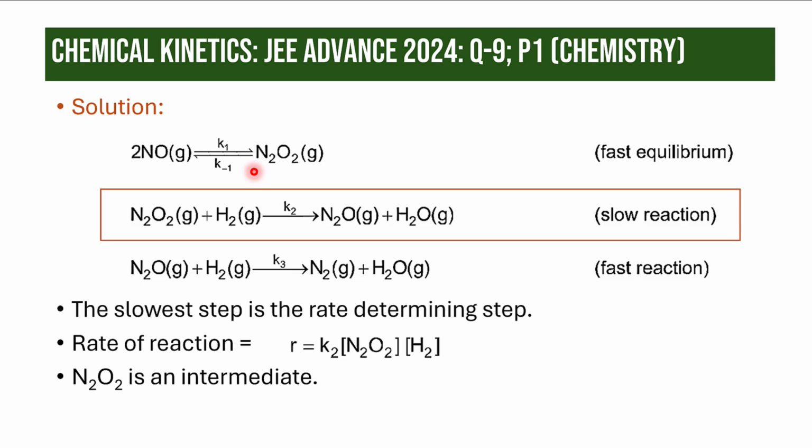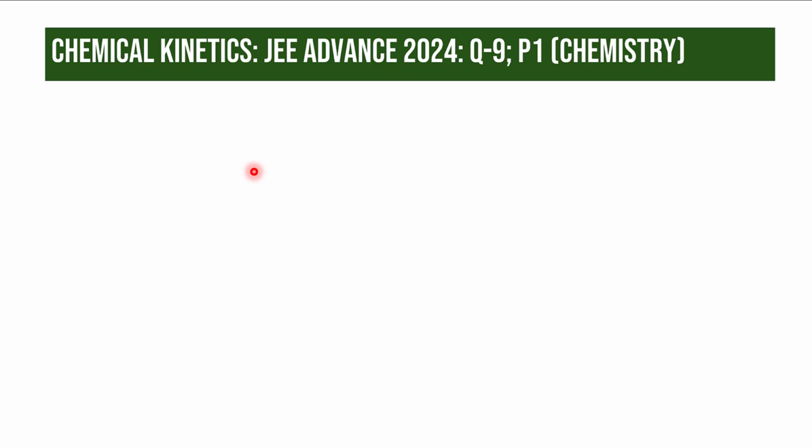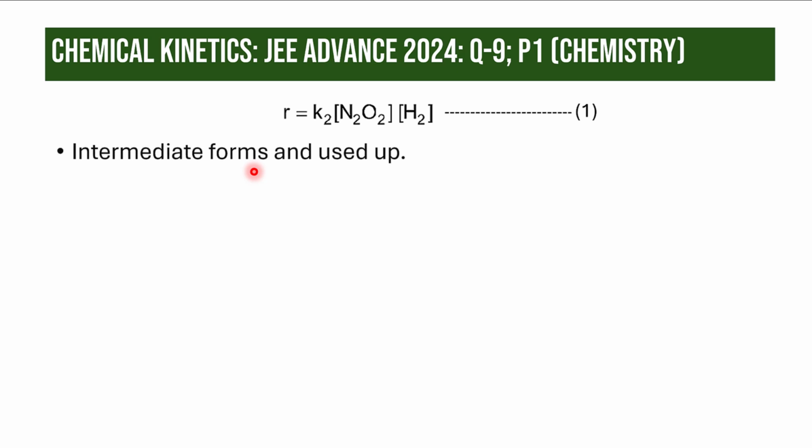So N2O2 is an intermediate. So the rate for this reaction is given by this, that is rate is equal to K2 times the N2O2 concentration times the concentration of hydrogen gas. Now as I said earlier, an intermediate is something that forms in one step and is used in the next step.